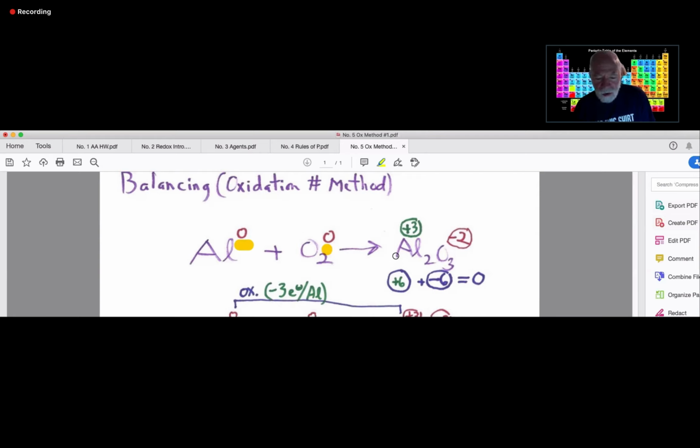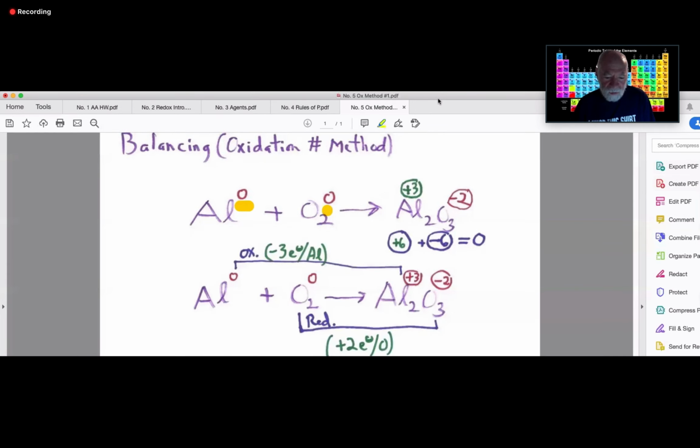Over on Al2O3, oxygen has priority, -2. Now -2 times 3 gives a total -6, so the aluminums must total a +6. But there's 2 aluminums, so each one would be a +3. So first step is you've got to figure out the oxidation states of everything. That's step 1.